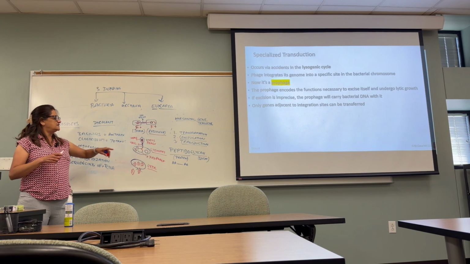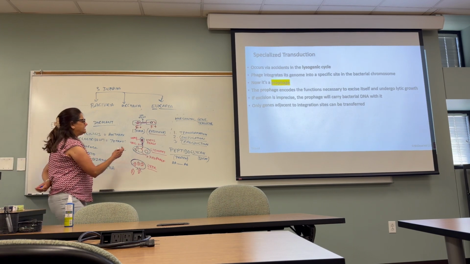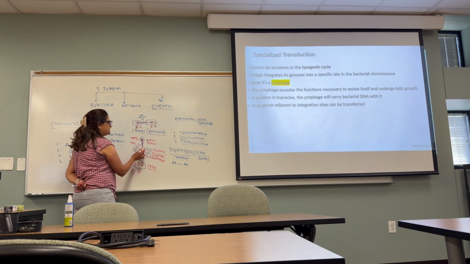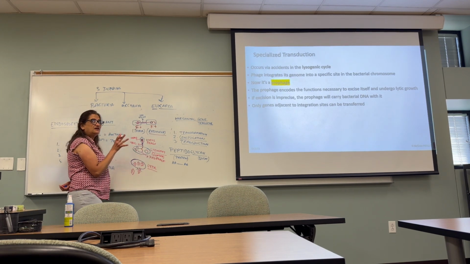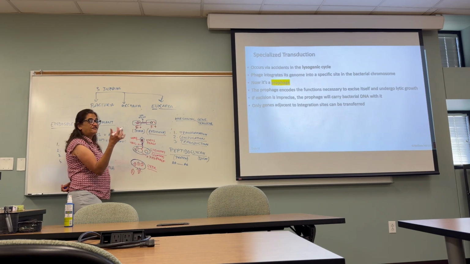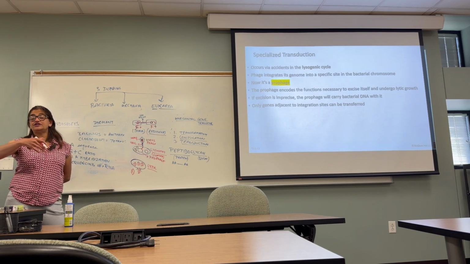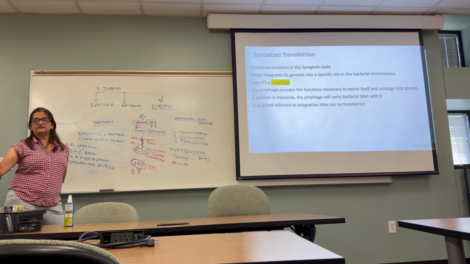But in lysogeny, it is longer. Why? Because they are going to integrate themselves with the bacterial DNA, and after a certain time, they can remain in this situation for years without causing any symptom.